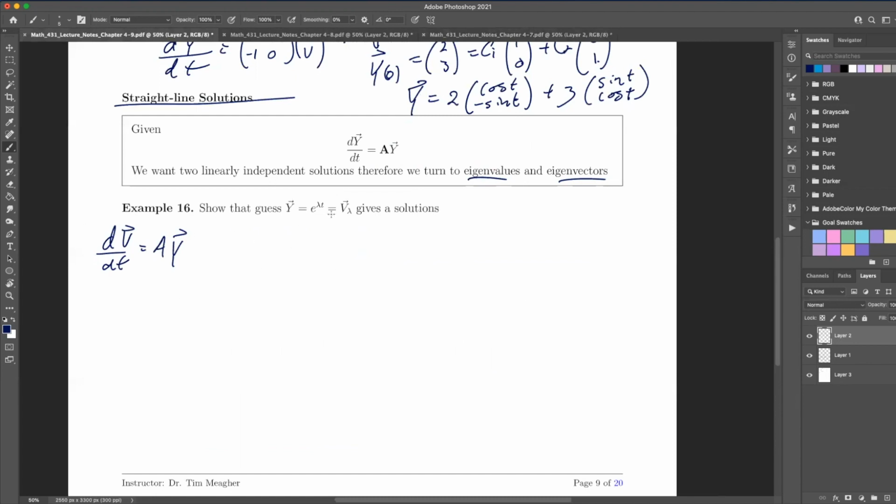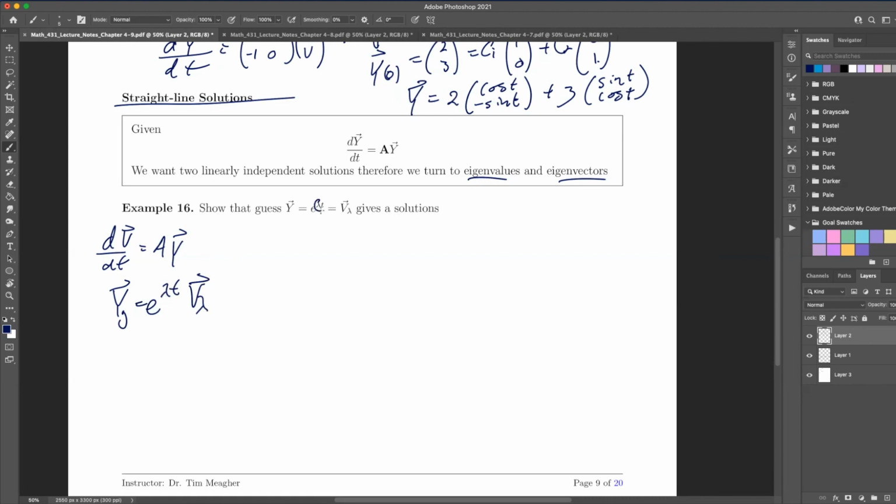So I'm going to start here and guess. I'm going to use the guess for some solution; I'll put a little g. Y guess is going to be e to the lambda t times v lambda.